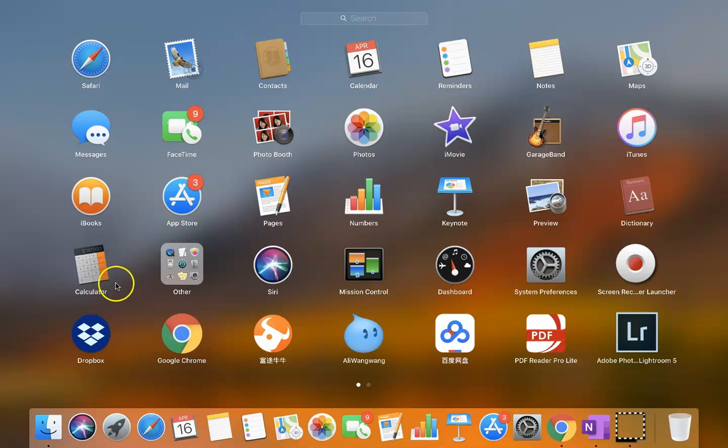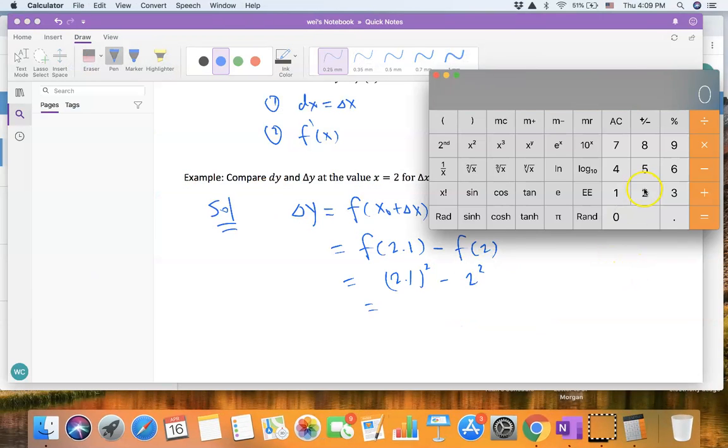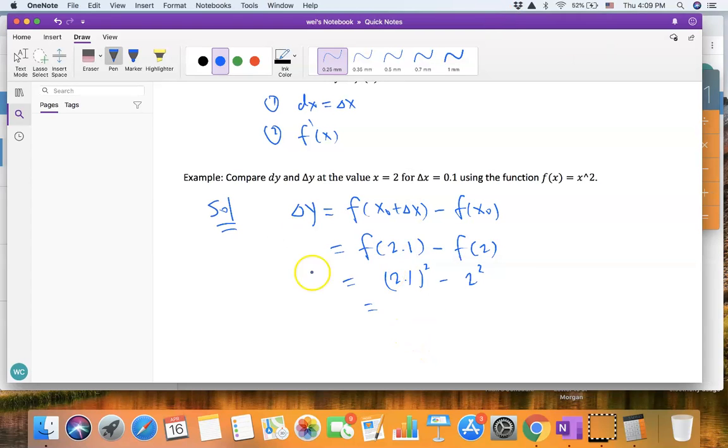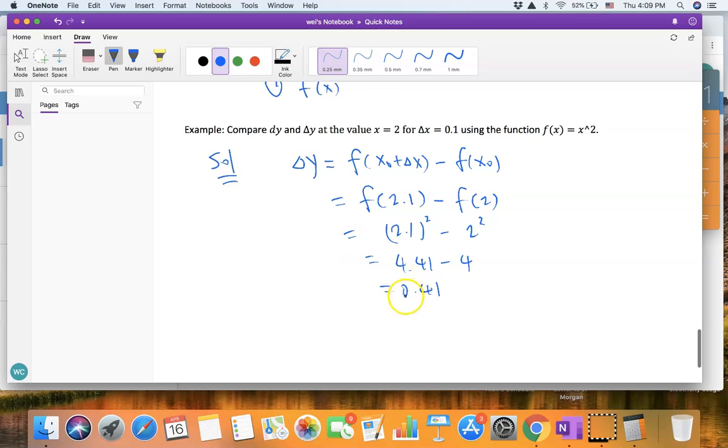And 2.1 squared is 4.41, minus 4. So delta y is 0.41.